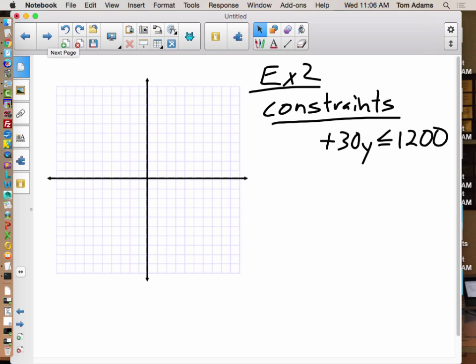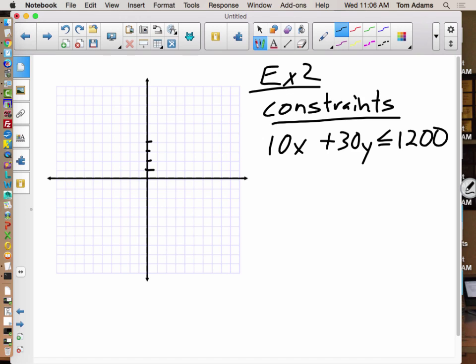So how would I figure out my y-intercept? 1200 divided by 30 is 40. So my y-intercept is going to occur at 40, and I'm going to count by tens: 10, 20, 30, 40. So my y-intercept occurs right here.